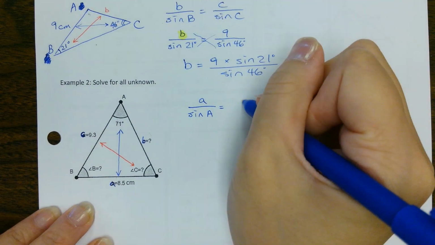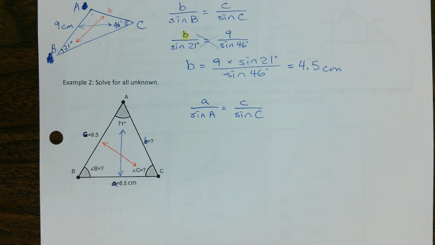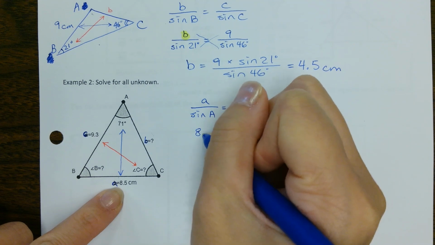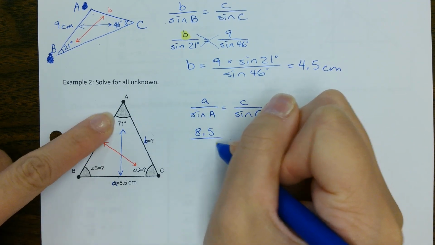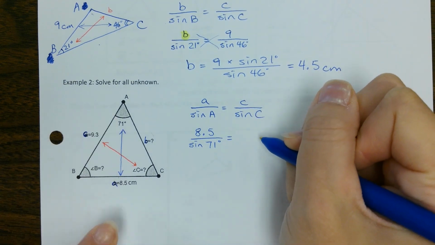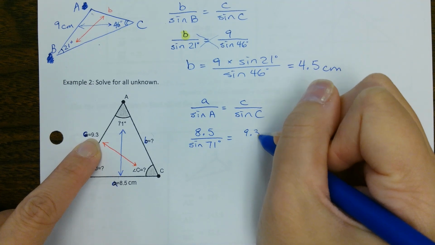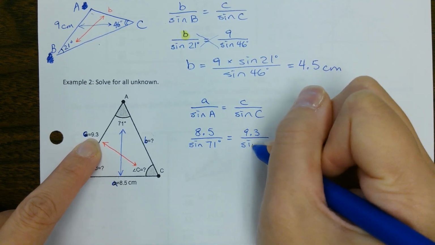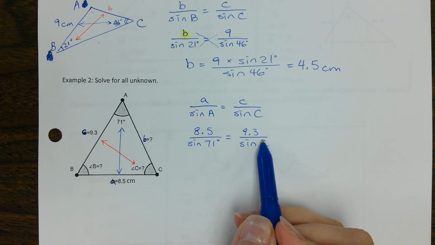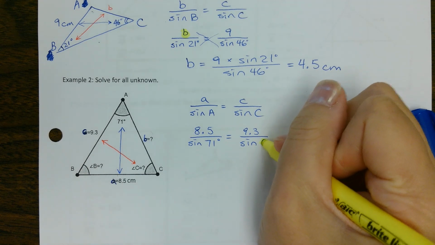So A over sine A equals C over sine C. A was 8.5, sine angle A, 71 degrees. C is 9.3. And sine C is what I don't know. So again, after I set it up, I have only one unknown here. My unknown is angle C.